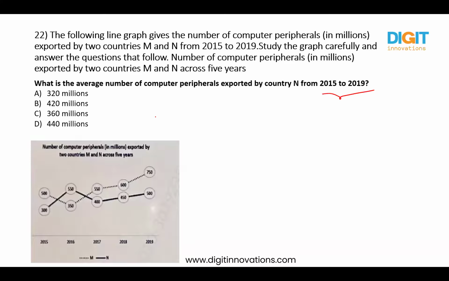They are asking for the average, the dark one. So in 2015 it is 300, and in 2016 it is 550. Average means sum of observations by total number of observations, right?